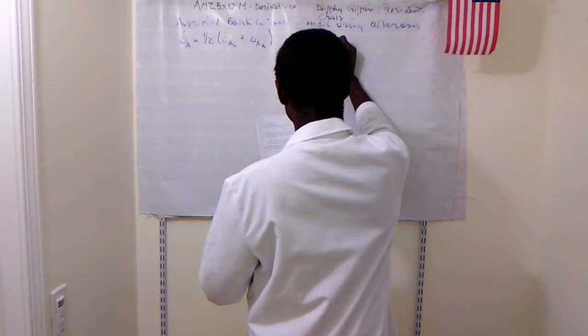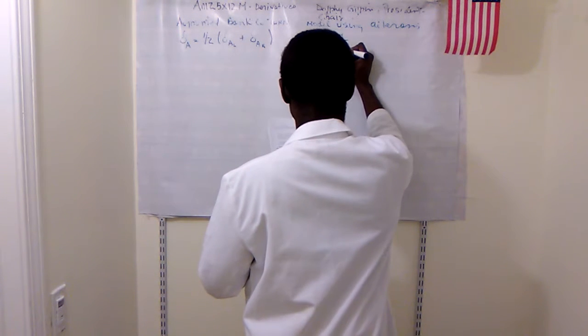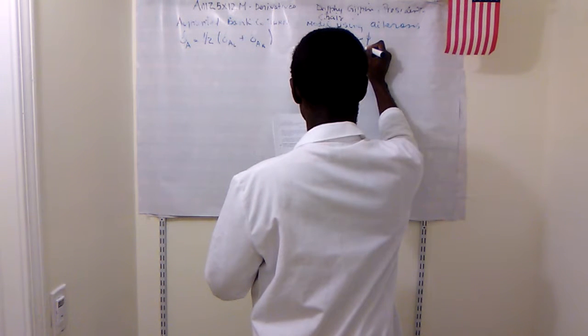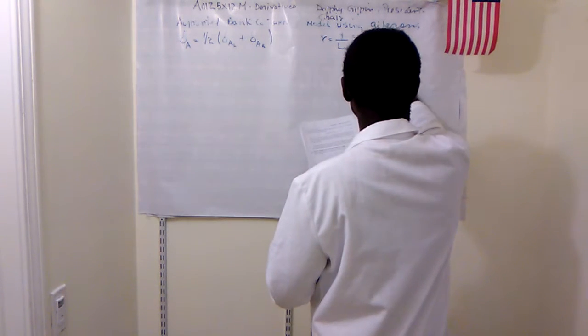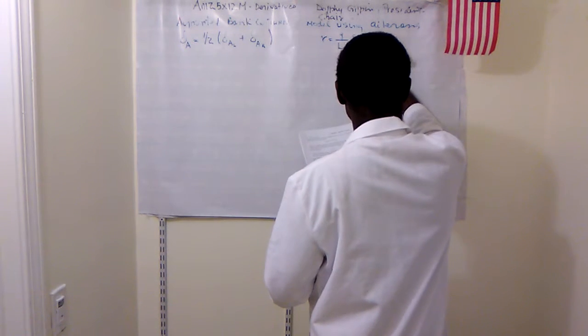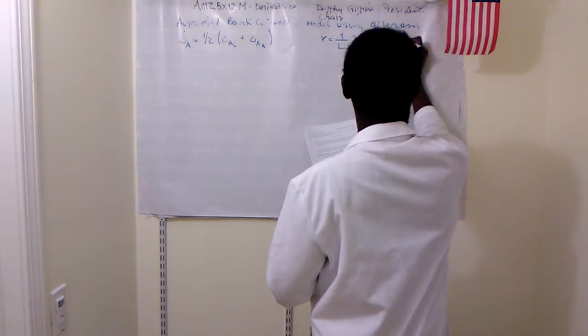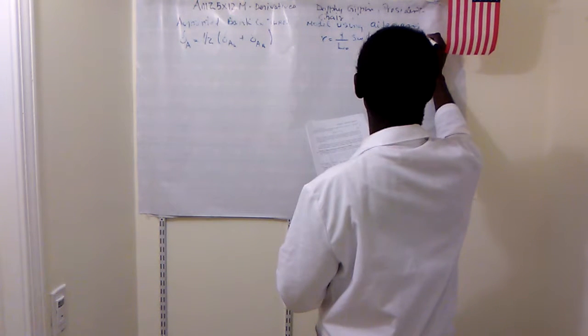R is equal now to G over the longitudinal velocity, sine of psi. And if psi is very small, we know that sine psi would be equal to psi. So this will be equal now to G over U sub 0 for psi being very small.